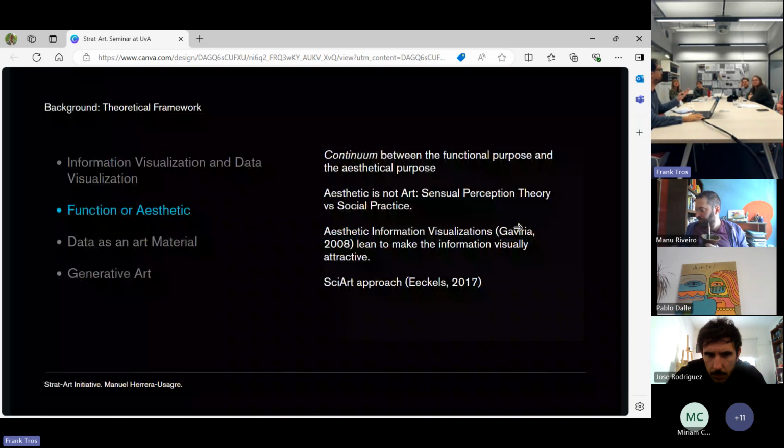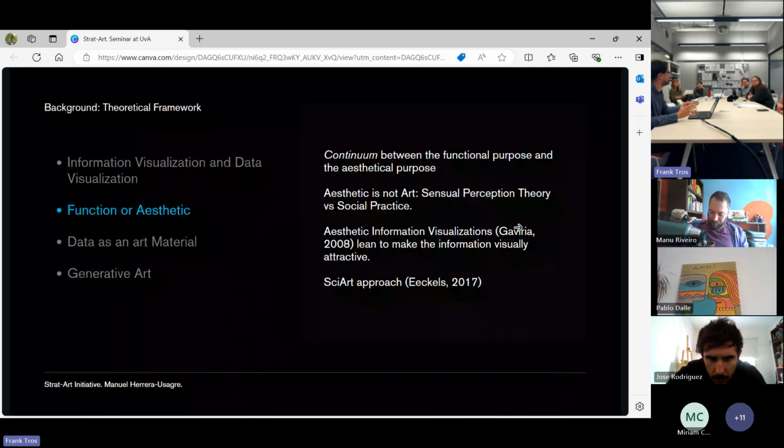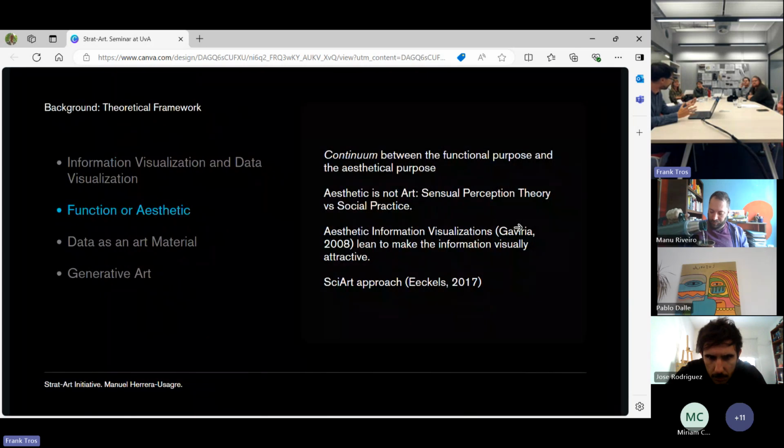So we can assume that any information visualization has a functional purpose and an aesthetic purpose. We don't want to talk about art, because we want to clarify the distinction between aesthetic and art here. Aesthetic comes from sensual perception theory, and it talks about how an artifact can evoke emotions in the viewer.